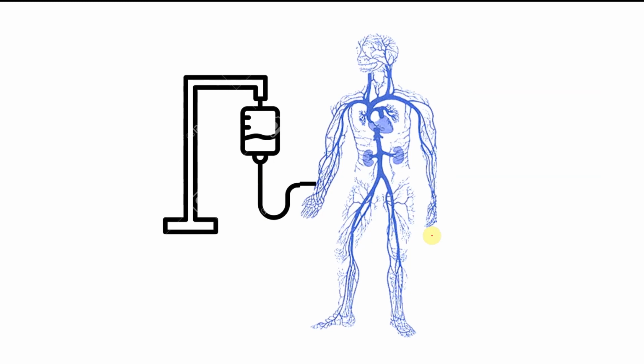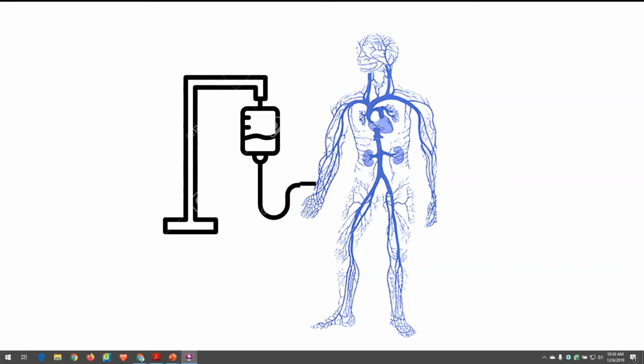So when you're administering fluid or volume to a patient, you're filling the vasculature, which is great, assuming that it is more of a hypovolemic state, where the fluid is actually leaking out of the capillaries, as opposed to more of a vessel diameter problem.